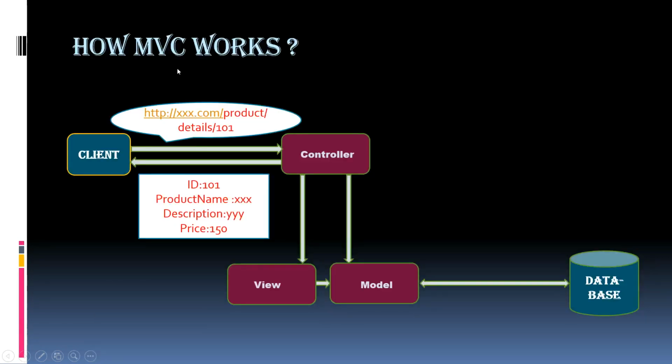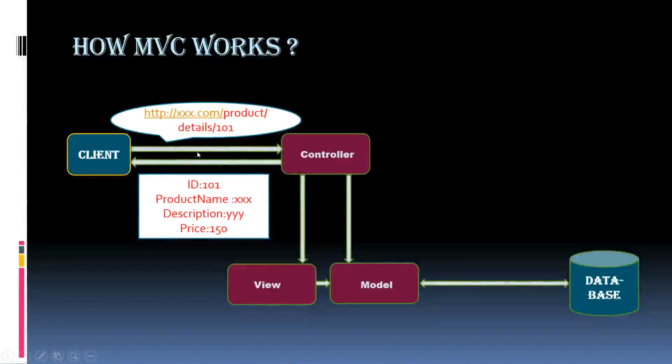How does this MVC design pattern work? For example, we want to design an application where we need to display the product details in a web page like this. So when we issue a request something like this from the web browser, then the controller, the component in the MVC design pattern, handles the incoming request.